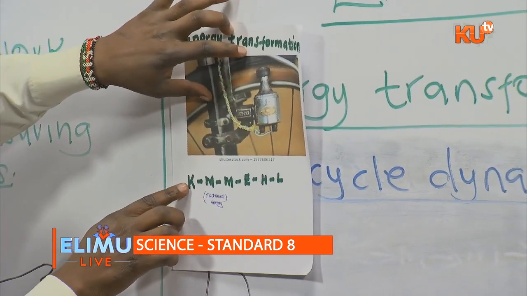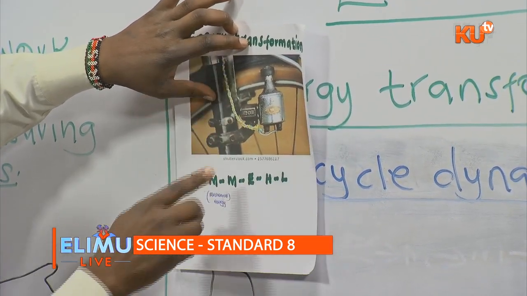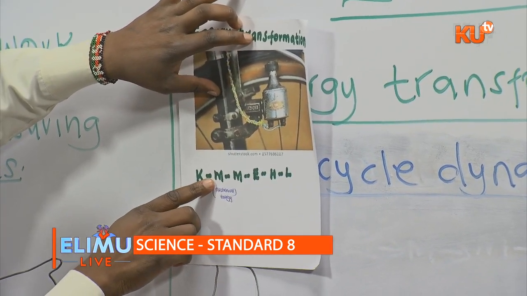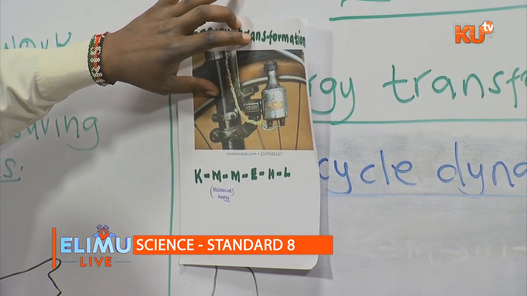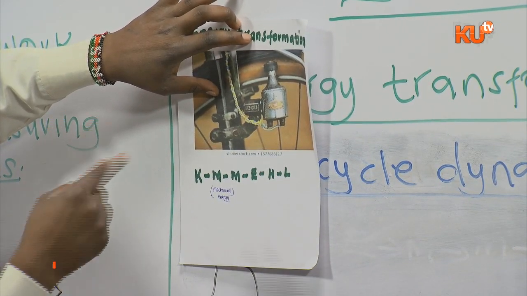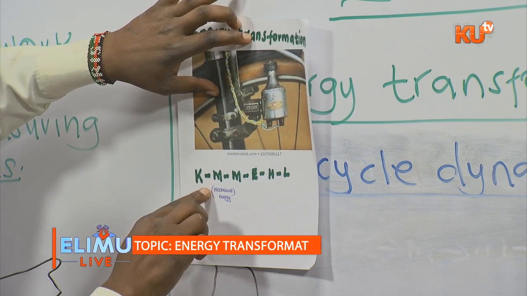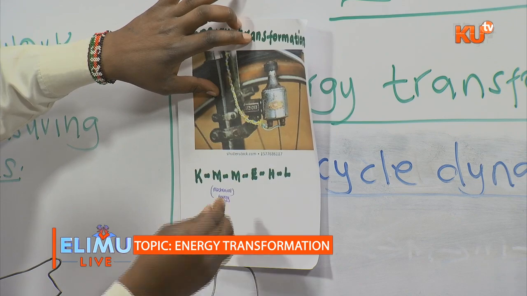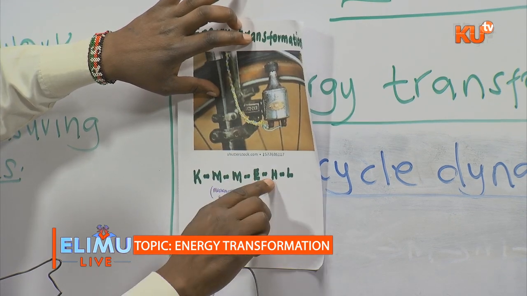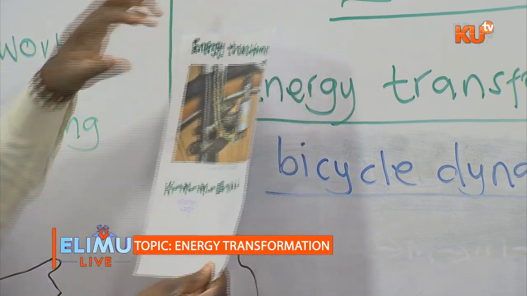So we have the kinetic, the energy in motion. Then we have the mechanical. Mechanical is the same as kinetic, which is moving. Then we have magnetic, then electrical, then heat, and then light.